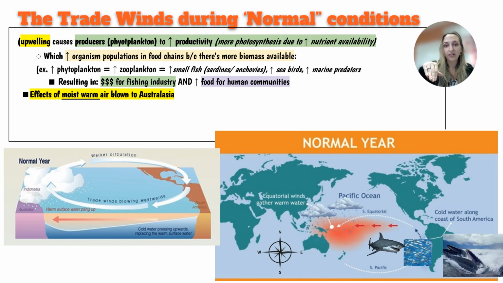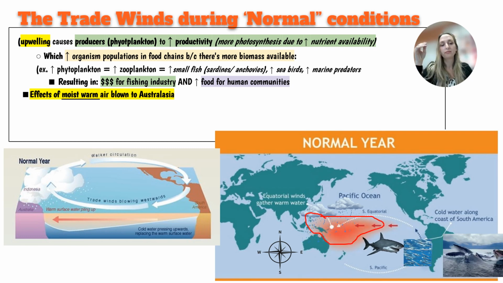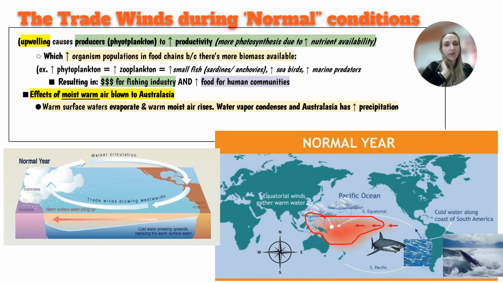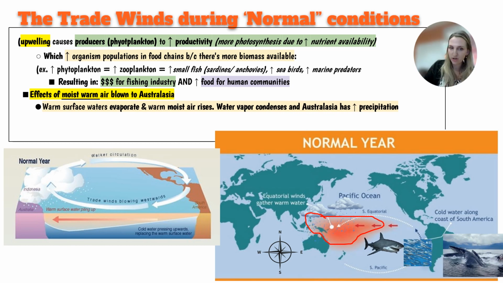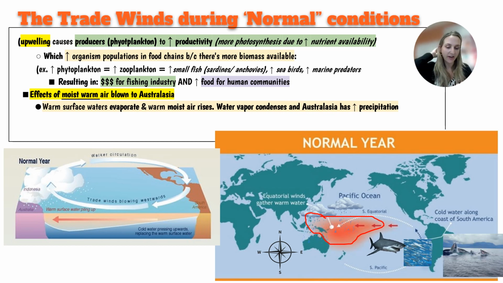So then we have all this warm water again that's blown over to Australasia. Warm water is going to evaporate. It's going to rise into the atmosphere and then it condenses.